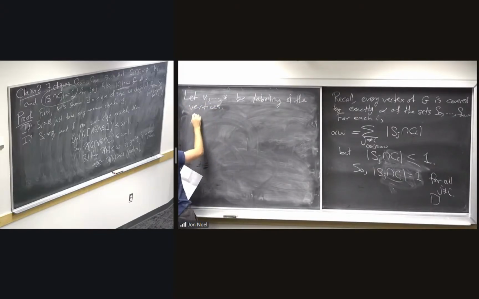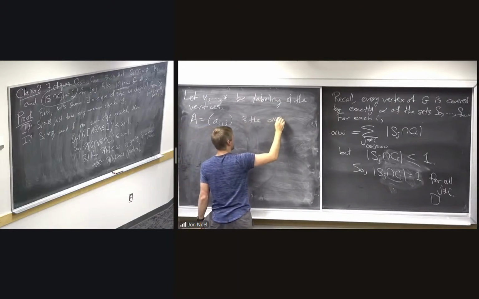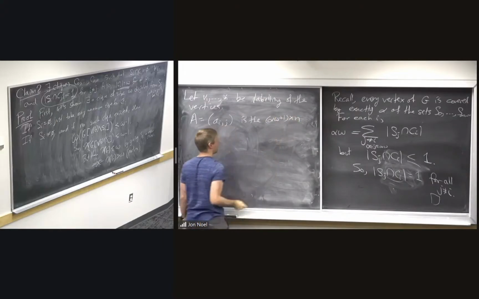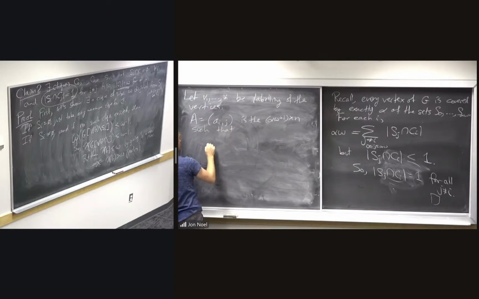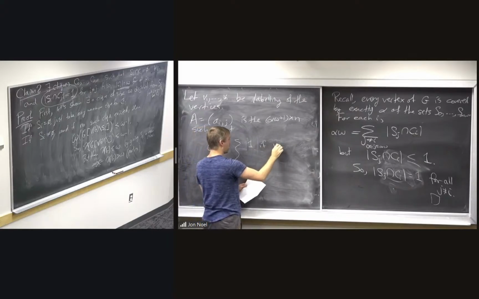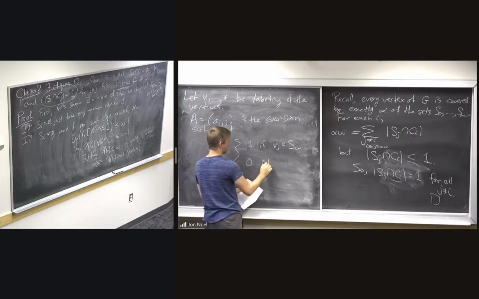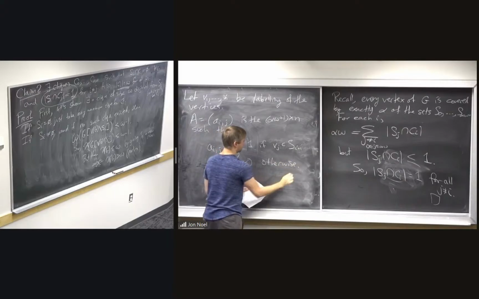Now A is the matrix with alpha omega plus 1 rows and n columns such that aij is equal to 1 if vj is in S(i-1) and 0 otherwise.